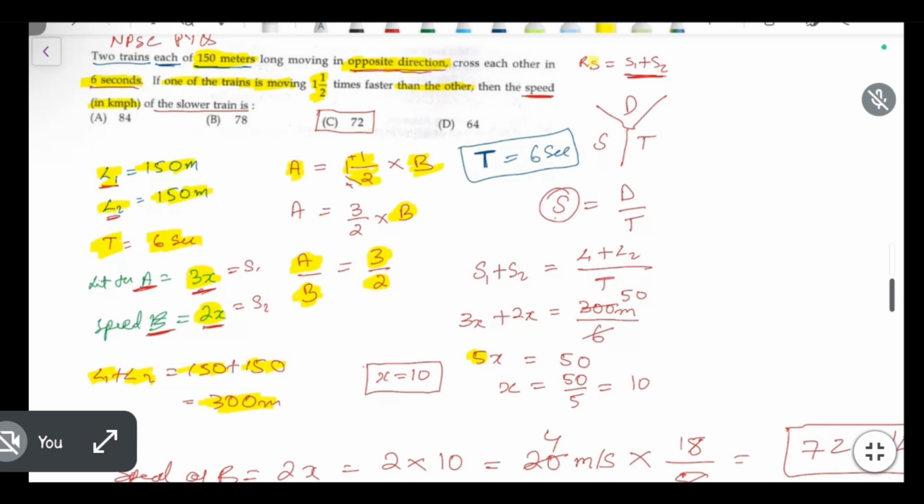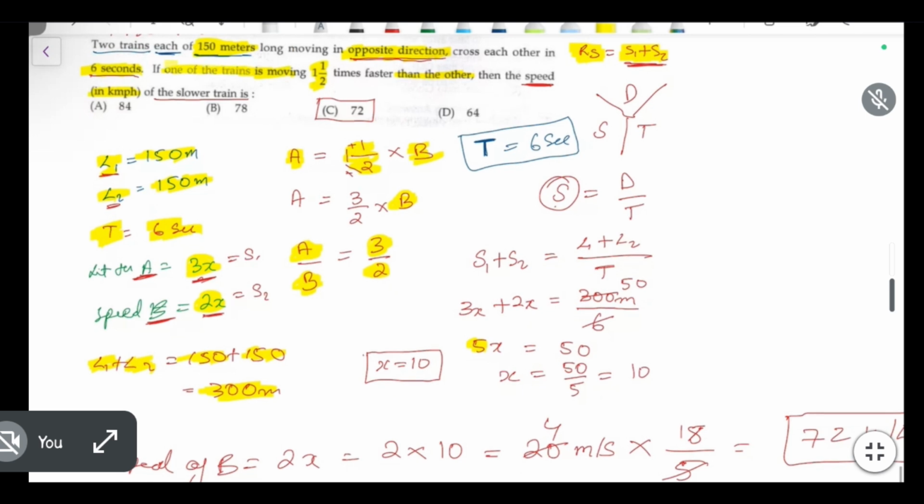If opposite direction means the relative speed is S1 plus S2, right? Relative speed, opposite direction, we need to sum their speed. And it is said that one of the trains is moving at 1 by 2 times faster than the other. That means I'm just assuming one of the trains is A, traveling at 1 by 2 times multiplication of the other speed.